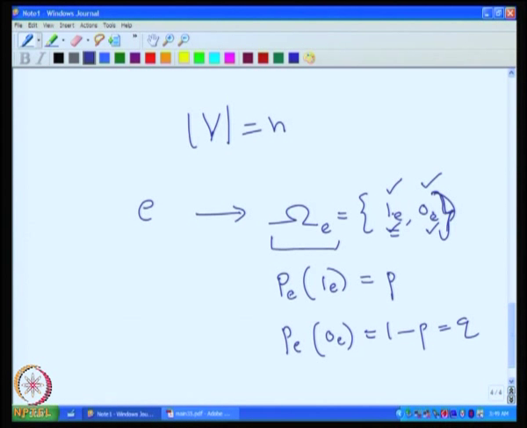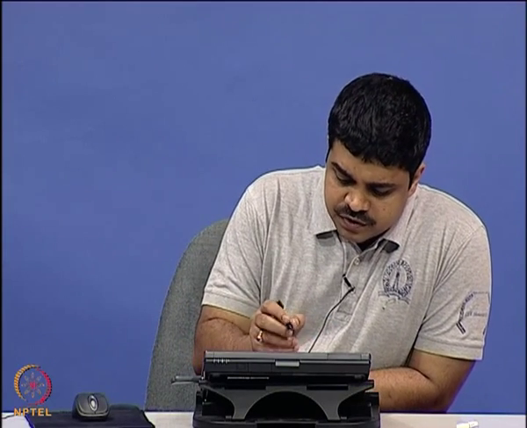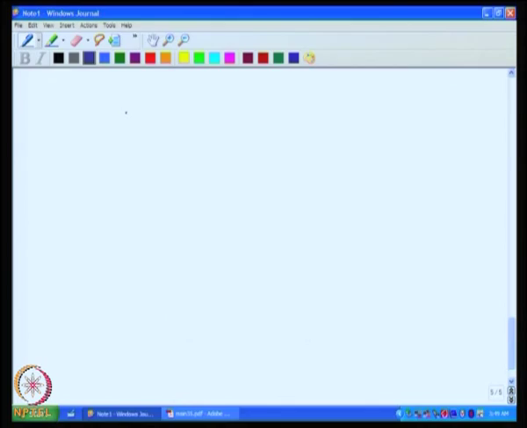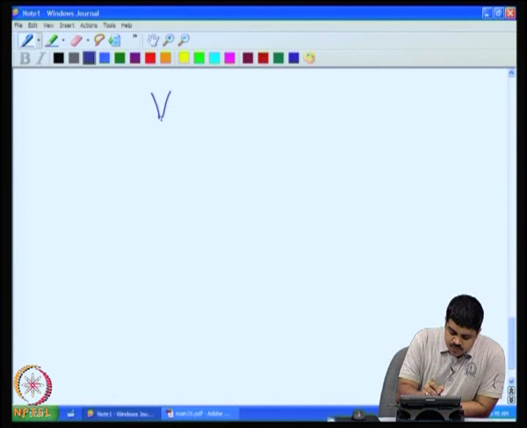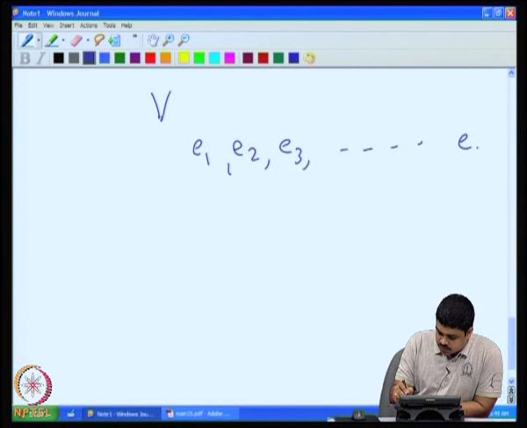Now, this is a very simple probability space which we usually associate with coin tossing, same thing. The probability space that we are interested in is this. We have this vertex set V, and corresponding to each pair in it we can enumerate the possible edges as E1, E2, E3, up to n choose 2.